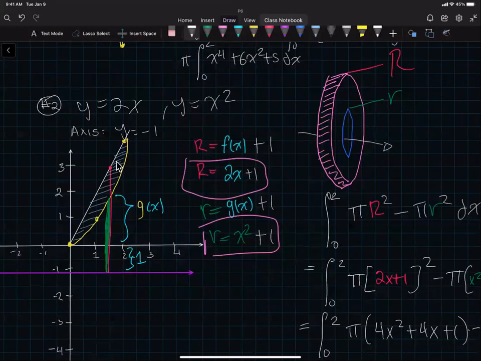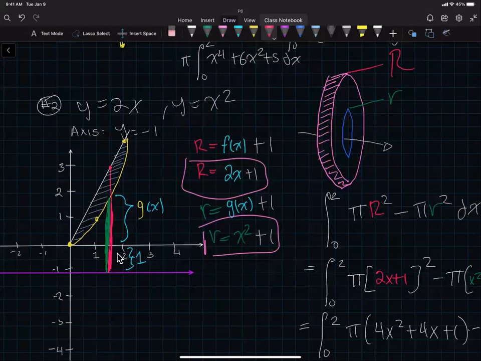Okay, so you determine based on the graph that you drew. And then the one in the bottom, it was x squared. So that's why I'm using x squared. So x squared, that's going to be my g of x, and then I'm adding 1 to it. Okay. So make sure you differentiate which one's your capital R, which one's your lowercase r.